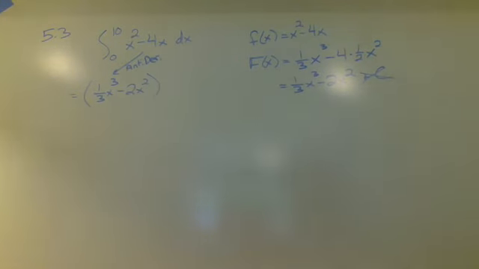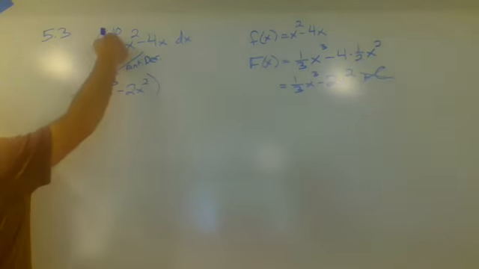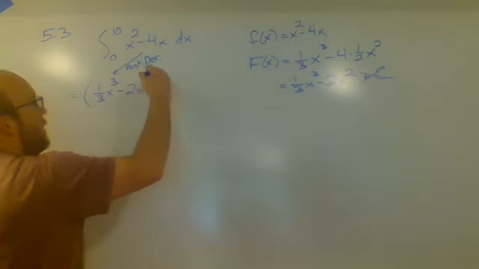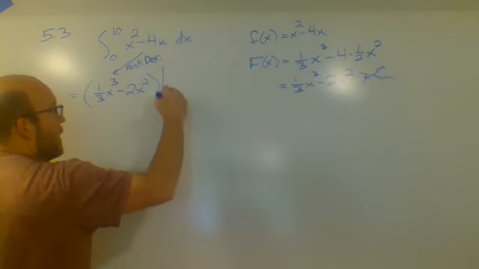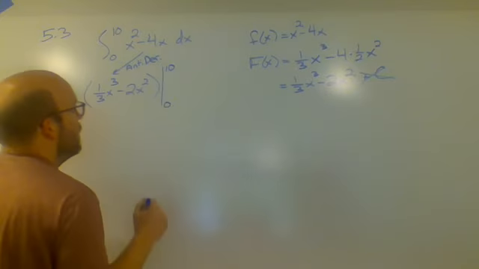And then to show that we're going to be evaluating at 10 and 0 and subtract, this is our new notation. We have a vertical bar with a 0 at the bottom and a 10 at the top.